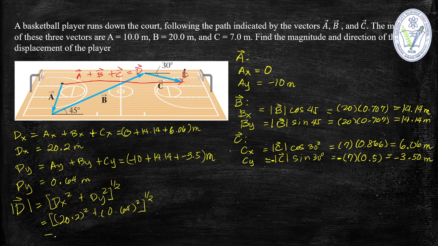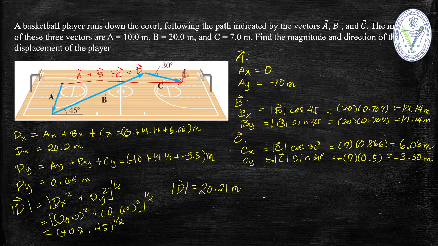So let's use the calculator. 20.2 squared plus 0.64 squared, we have 408.45 under the square root. So the magnitude of D is actually 20.21 meters.